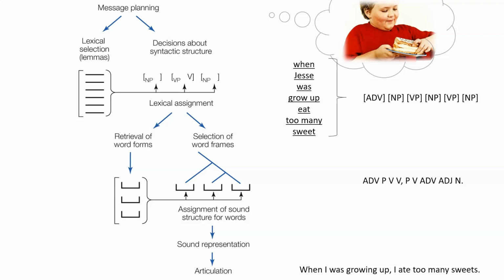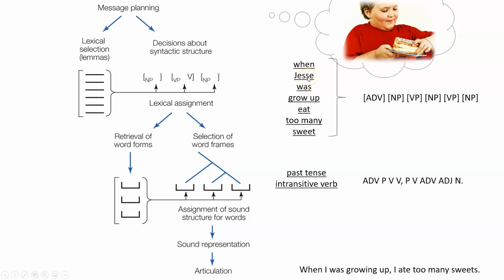The point is that subconsciously your brain is doing this kind of mapping of understanding the different parts of speech and what's appropriate to construct a sentence. And then you're retrieving these words. So you're using the list of words that I've put here, these lemmas, but you're concocting the precise form of those words. So you're taking Jesse and you're switching that to the pronoun I, because I'm talking about myself.